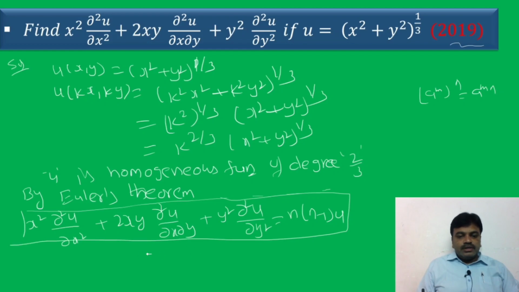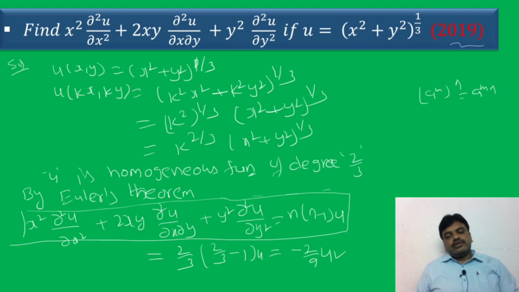Okay, that is equal to, what is n value here? 2 by 3. So 2 by 3 into (2 by 3 minus 1) into u. So that is equal, we get here, come on tell me here friends, 2 by 3 minus 1, 2 minus 3, we get minus 1 by 3. So we get here minus 2 by 9 u. What is the value friends here? What is this value? Minus 2 by 9 into u. This is the required solution friends.